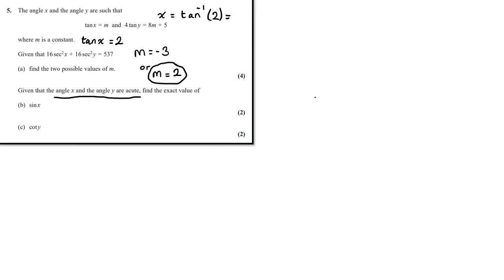So for sine x here, well, we know the trigonometric ratio here is the opposite over the hypotenuse. And I think it helps here if we just draw a right angle triangle. Okay, so if we draw a right angle triangle like so. Okay, mine's not perfect, but you get the idea.